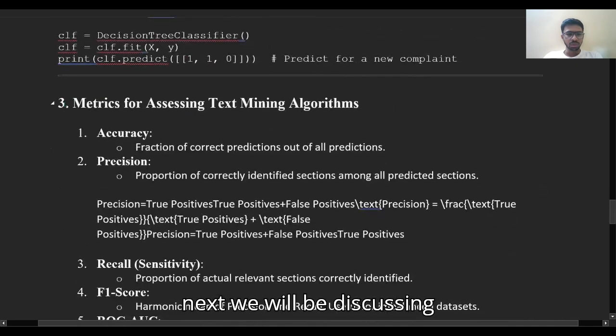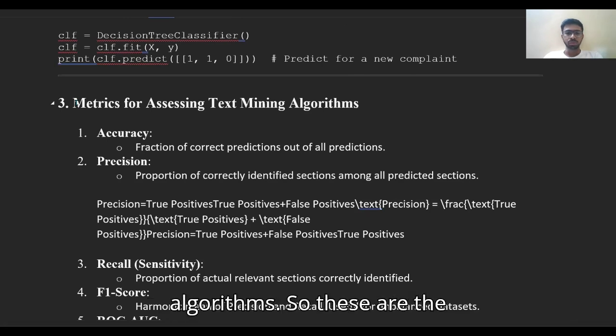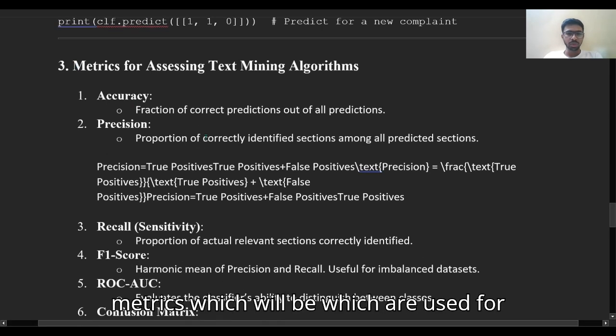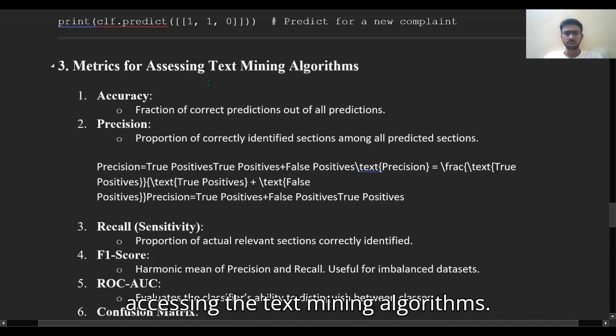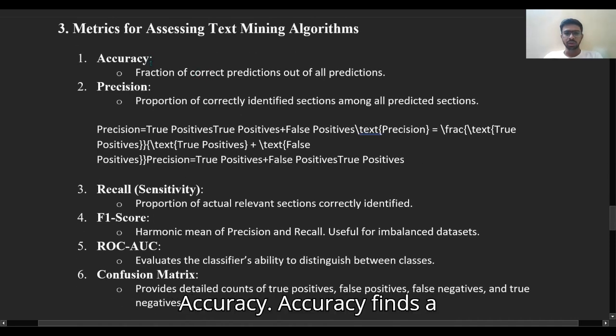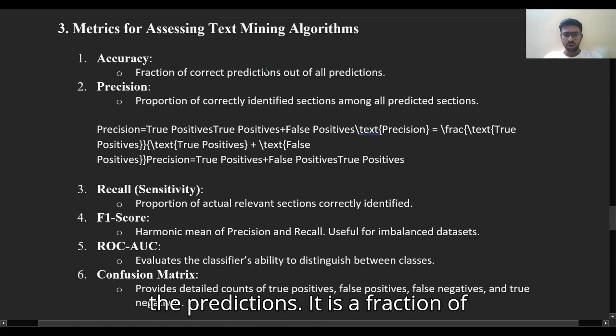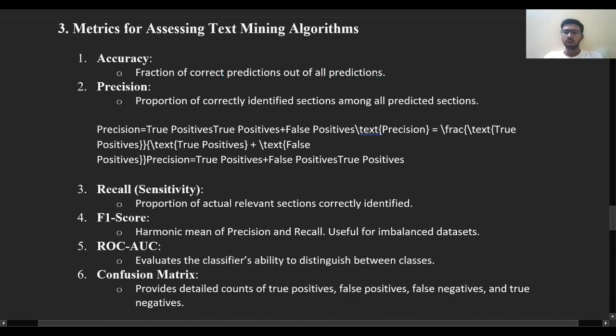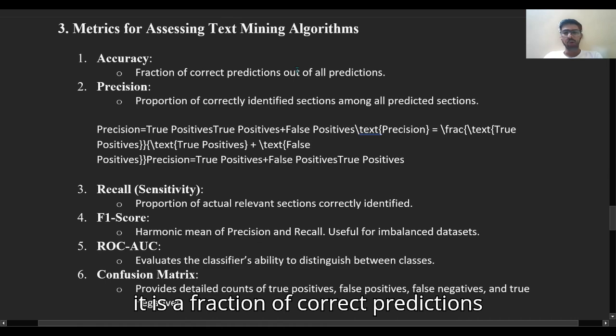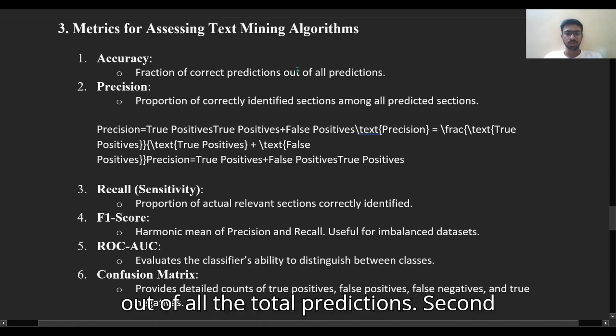Now next we will be discussing metrics for assessing text mining algorithms. These are the metrics which are used for assessing the text mining algorithms. Accuracy: accuracy is the fraction of correct predictions out of all the total predictions.